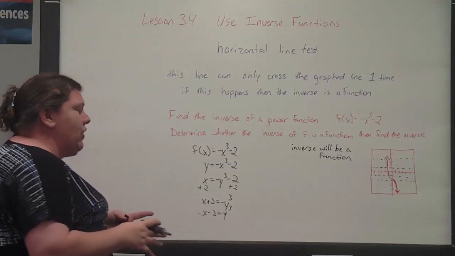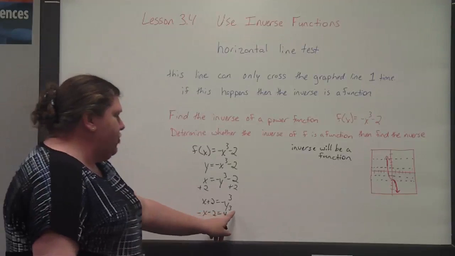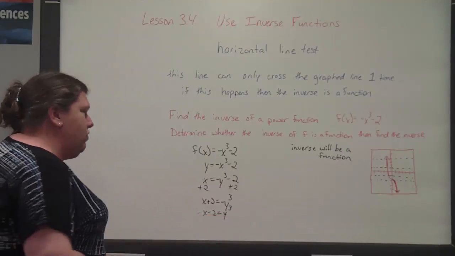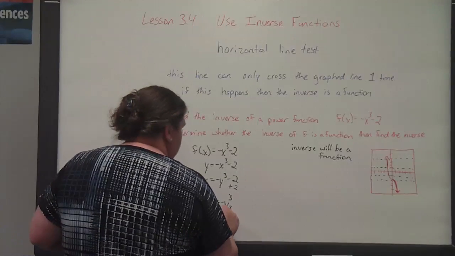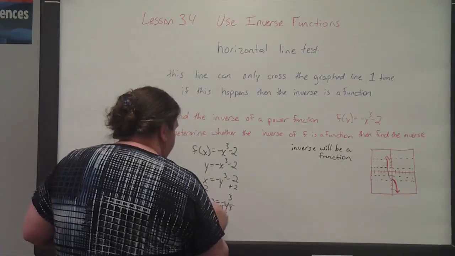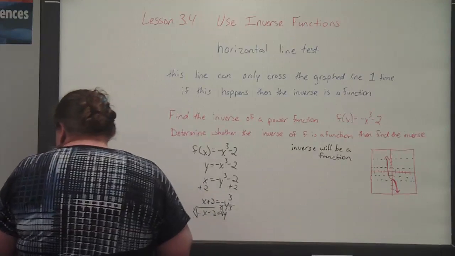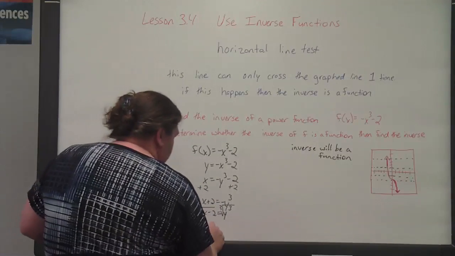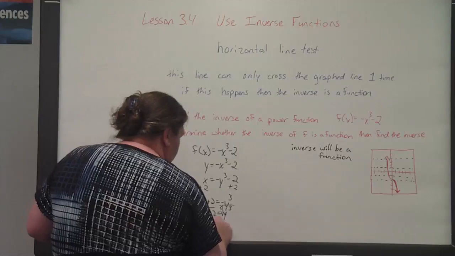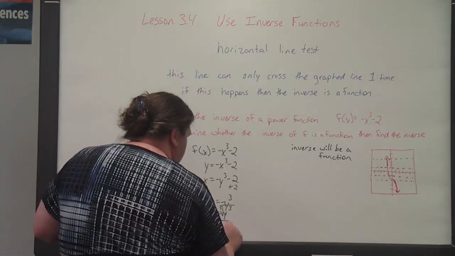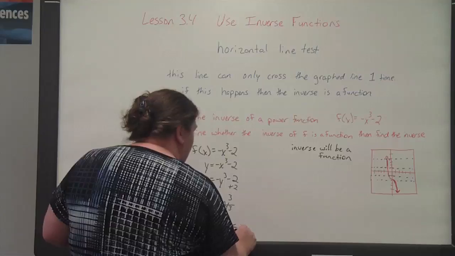Now, the last thing you have to look at is getting rid of your cubed. The way to do that is cube root. So your answer would be cube root of a negative x minus 2 equals y.